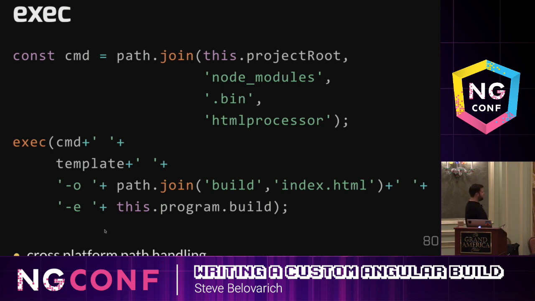And then we're going to use the environment variable that's available on the program object. Now, if you remember the program object from the very first part of this, that was commander, right? Where it's processing our process.argv. We now have the env, when the user typed ng-s build dev. The string dev will get placed right here.